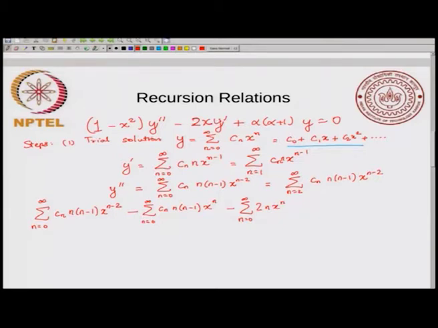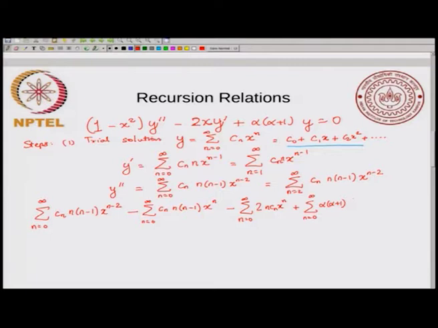Now, the last term will give me plus sum over n equal to 0 to infinity alpha plus 1, no, I missed a Cn here. There should be a Cn x raised to n, okay, and alpha plus 1.